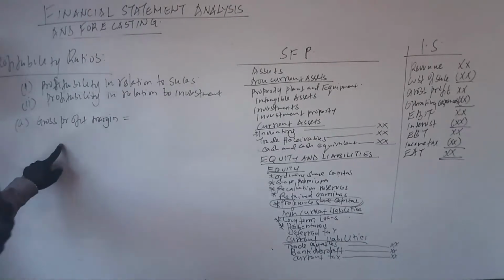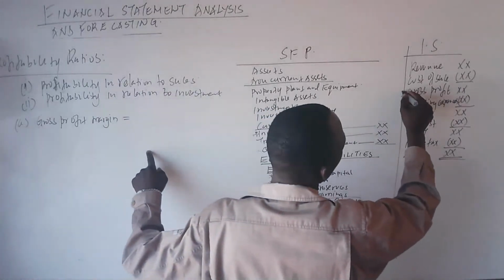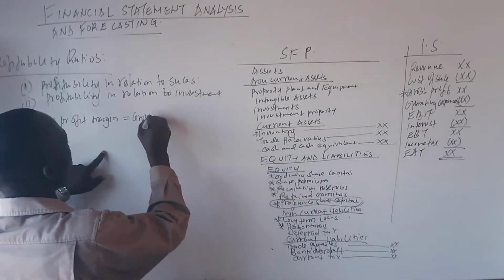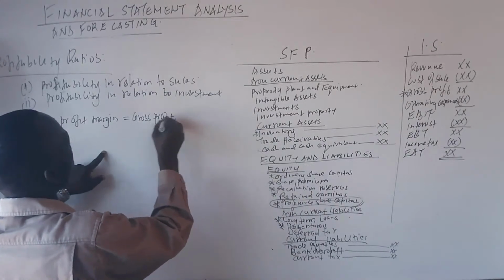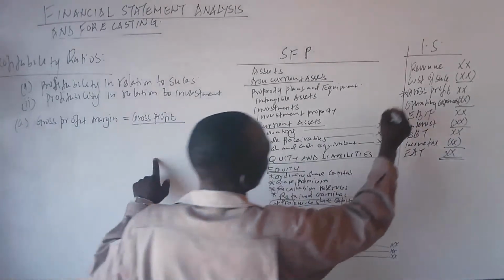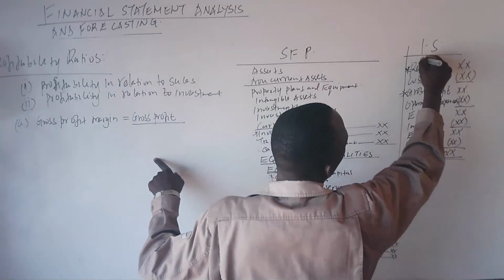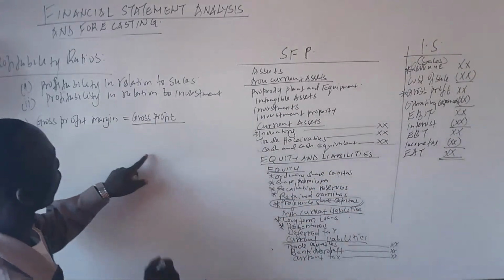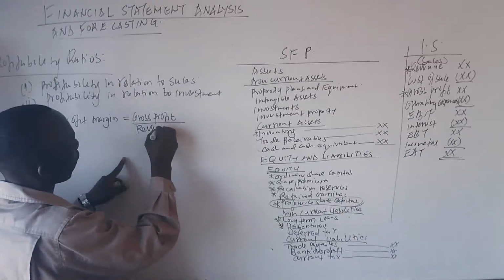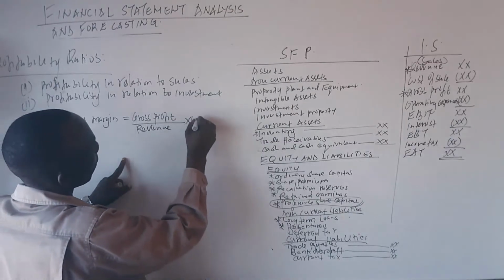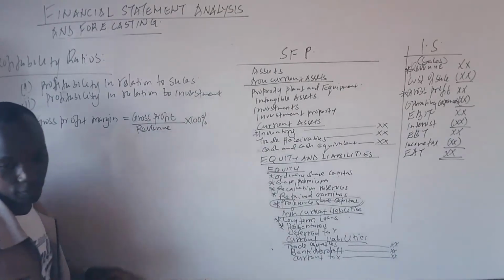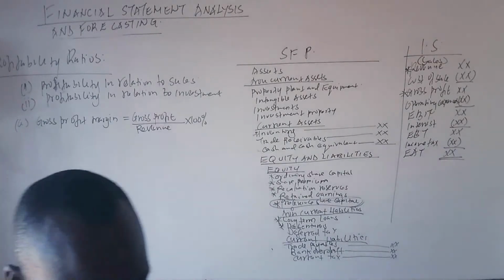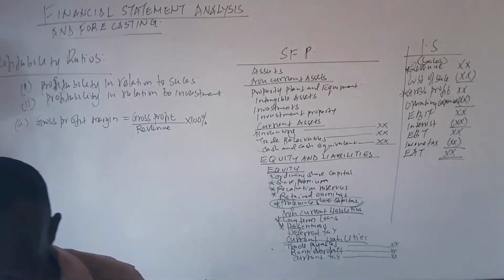We take the gross profit, then divide by the revenue, which is also known as sales. Then you multiply by 100%.